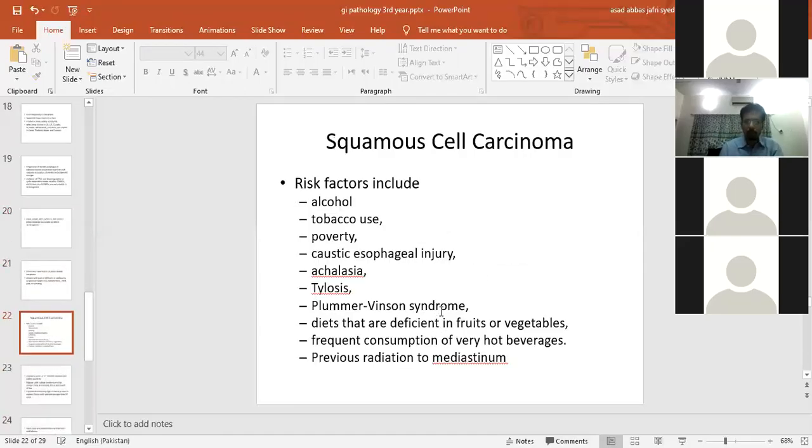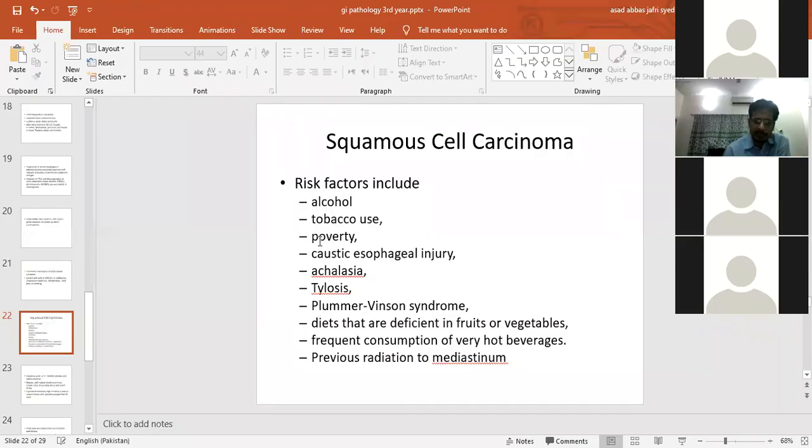Now, coming to squamous cell carcinoma. The risk factor list is fairly long, with alcohol and tobacco being the more well-known or well-established risk factors.